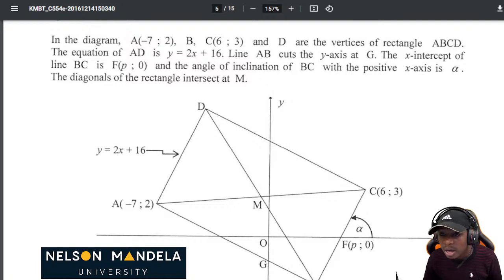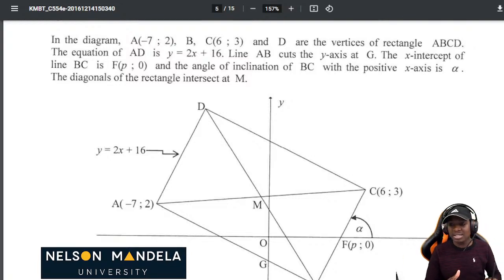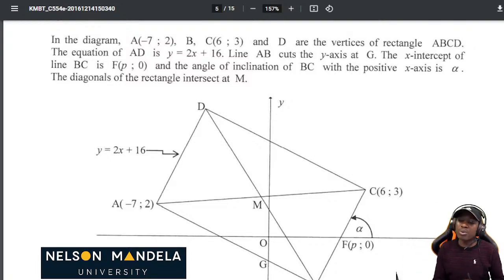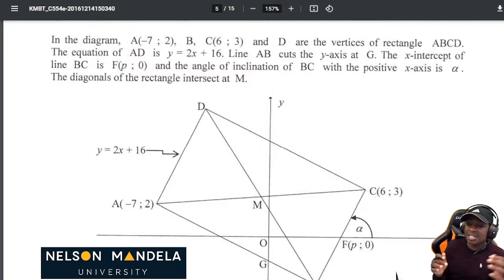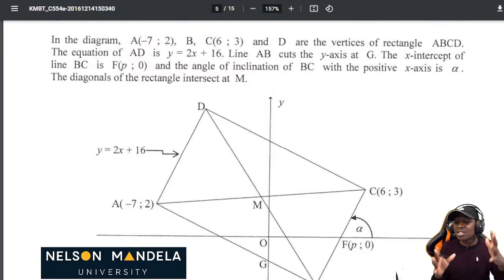It cuts the y-axis at G. So we already know that G is on the y-axis, which means the coordinates are (0; y), so the x value is equal to 0. Because when we were doing our functions, we said that when we want to know the y-intercept, we let x be 0. So for the fact that they tell us AB cuts the y-axis at G, it automatically gives us the idea that G has coordinates (0; y).